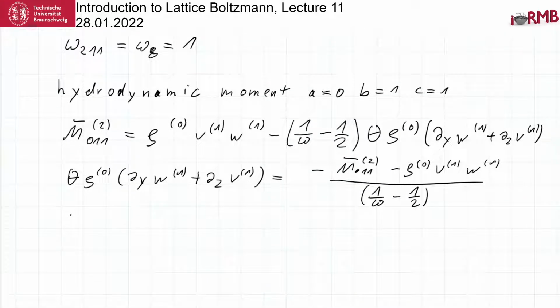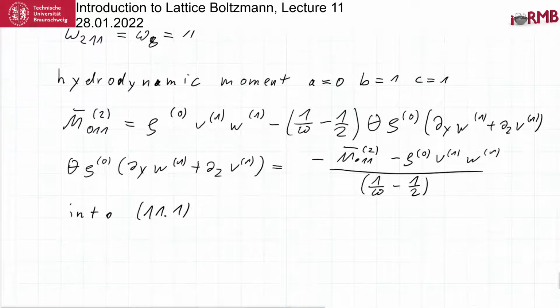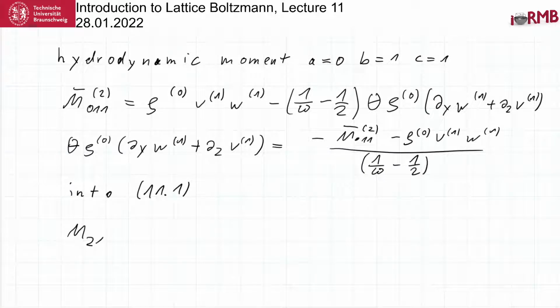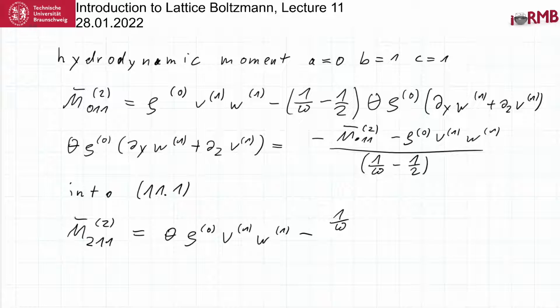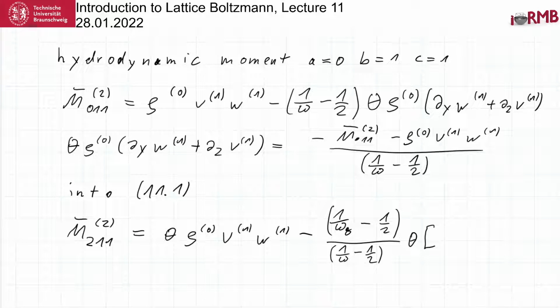This we can put into 11.1, and what we see then is M211 to second order is equal to theta rho 0 V1 W1 minus, and after putting the one in the other, we get here the 1 over omega g minus 1/2, all of this divided by 1 over omega minus 1/2 times theta, and now we have eliminated all the derivatives in this equation.